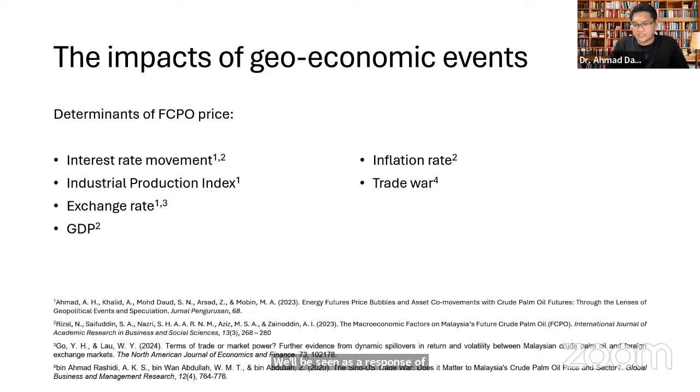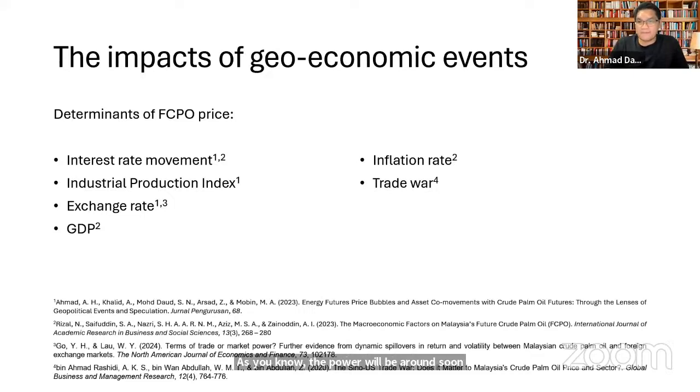Talking about these determinants for CPO, around September you will most probably see a spike in price because in India there will be more demand from them. Why? As you know, Diwali will be around soon, somewhere around October.